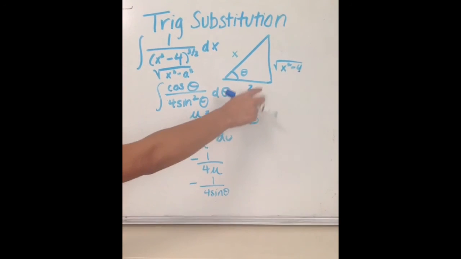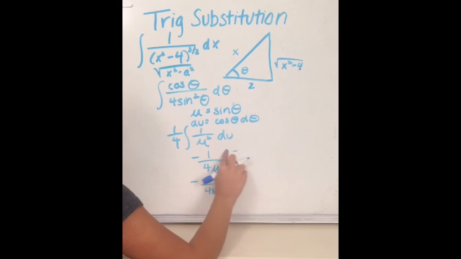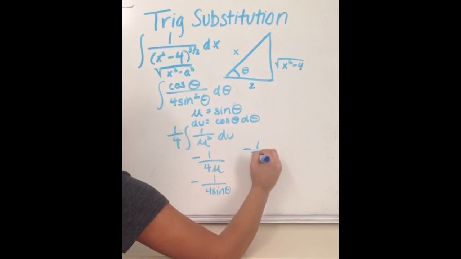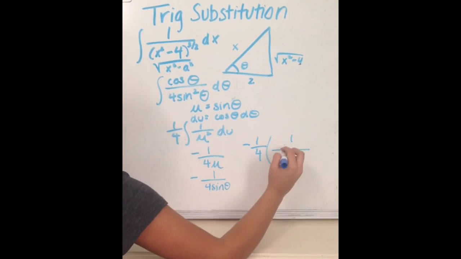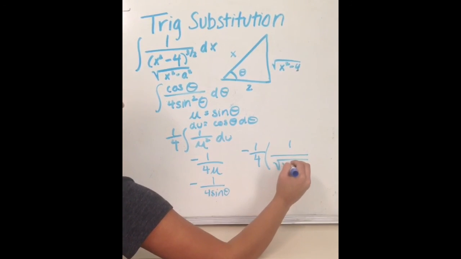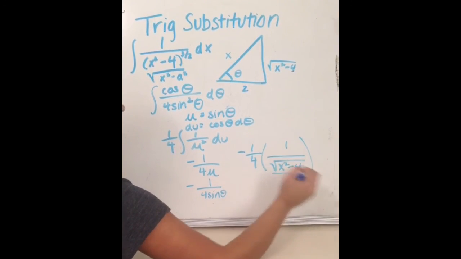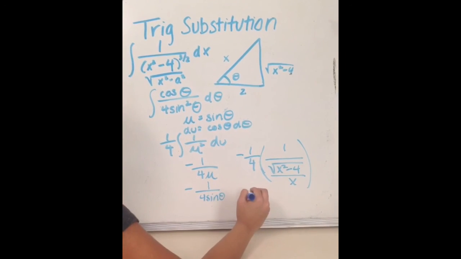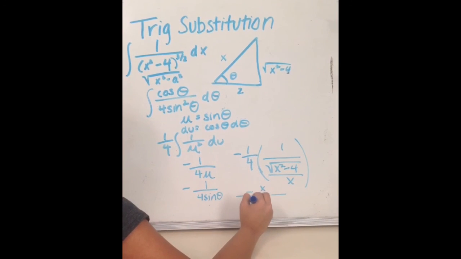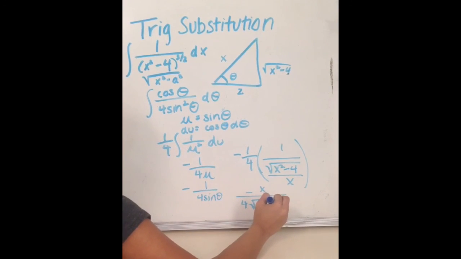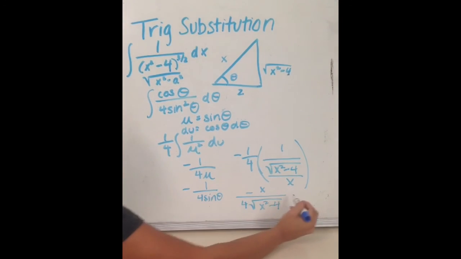Now sine of theta we could get from this triangle, so we get negative 1/4 times 1 over root x squared minus 4 over x. This will end up being negative x over 4 root x squared minus 4. And then we always have to remember the plus c, indefinite integral plus c.